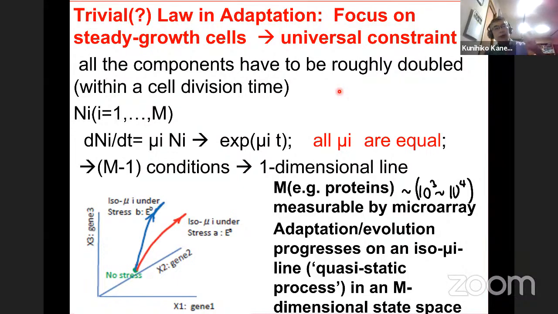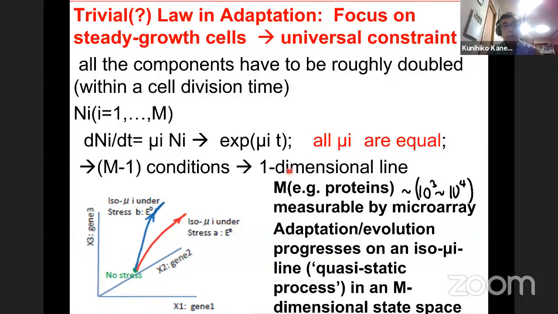So it's a kind of stationary growth state. For example, consider i equals 1 to m species, where m may be 4,000 or so, and n_i is the component abundance. Each abundance grows exponentially, and mu_i is the growth rate.